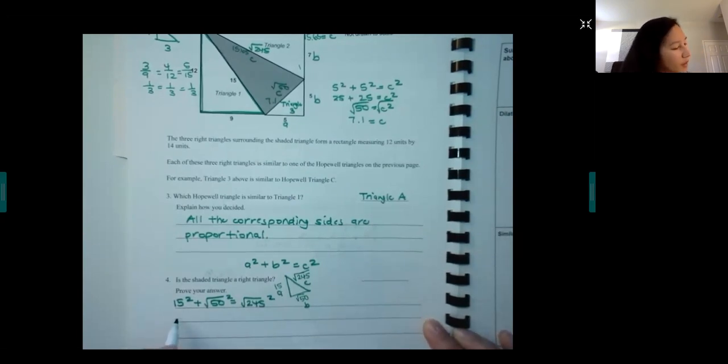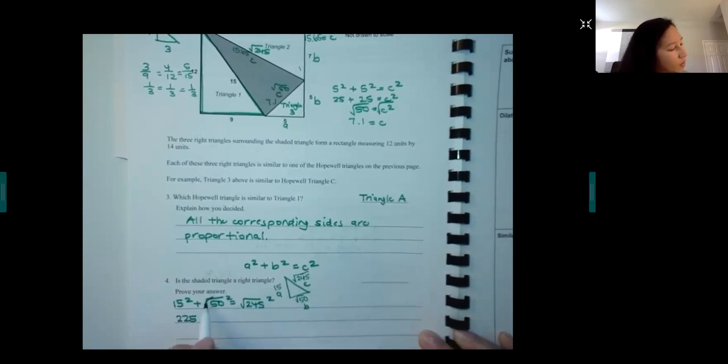So 15 squared, that's 225. And then the square root and the square, those just cancel each other out. So this is 50, equals, those cancel each other out as well, 245. If we add these together, we get 275 equals 245.